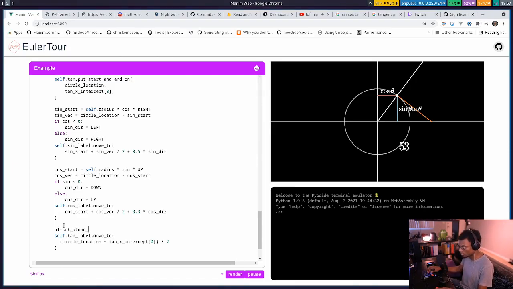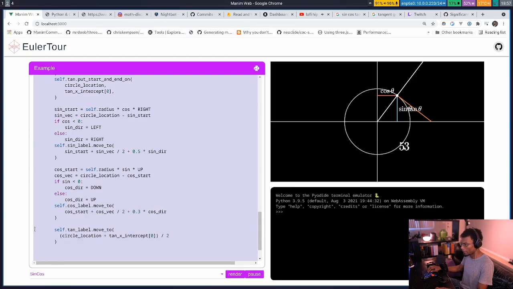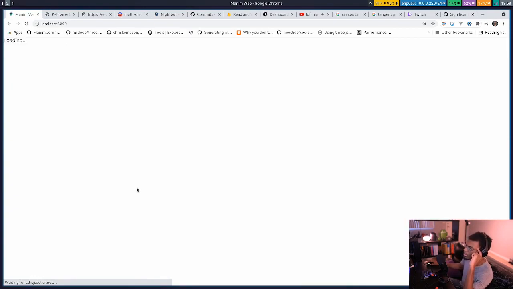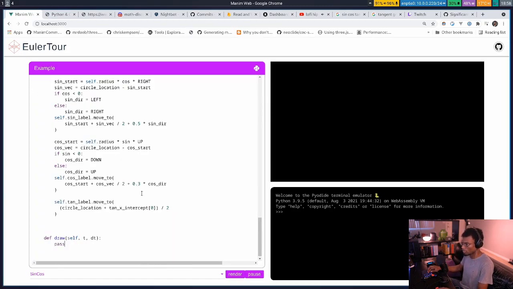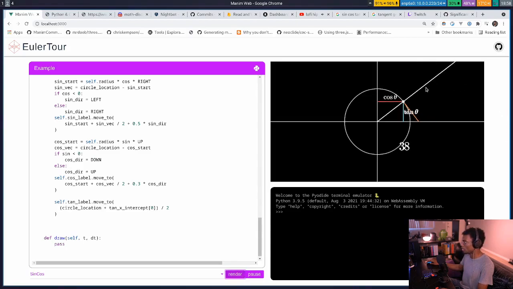Oh wait. I think what's happening is that I'm running multiple render loops. Let me do this. Possibly, I'm not sure of that. But it could be the case that just rerunning this, yeah, and that does make it faster.